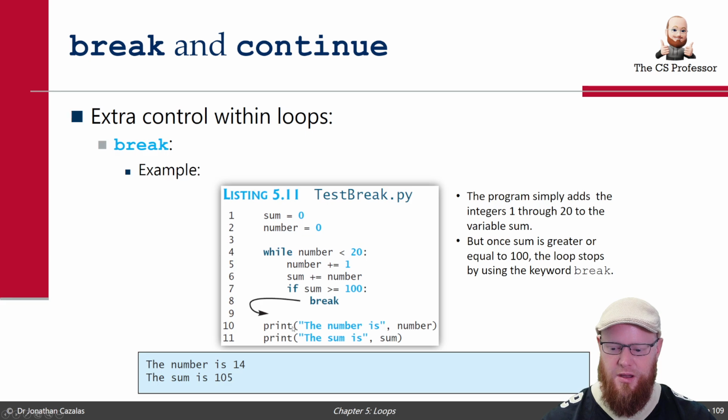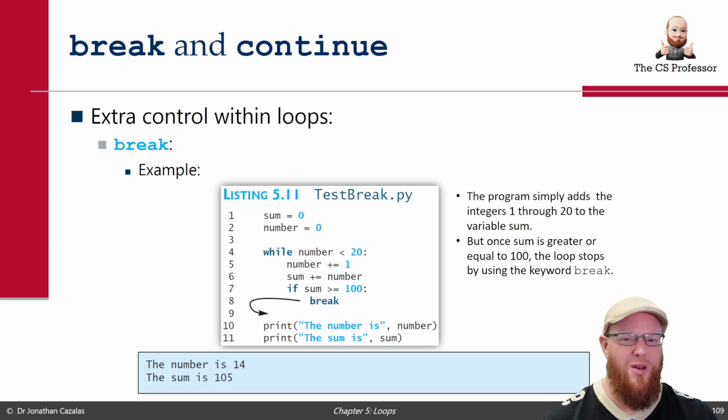Number starts at 0, then 1, then 2. When number gets to 13, is 13 less than 20? It is. We're going to make number become 14. We add 14 to sum, but then at that moment, we check, is sum greater or equal to 100? And because sum will be 105, we're going to break. And we're going to see that the number is 14 and the sum is 105.